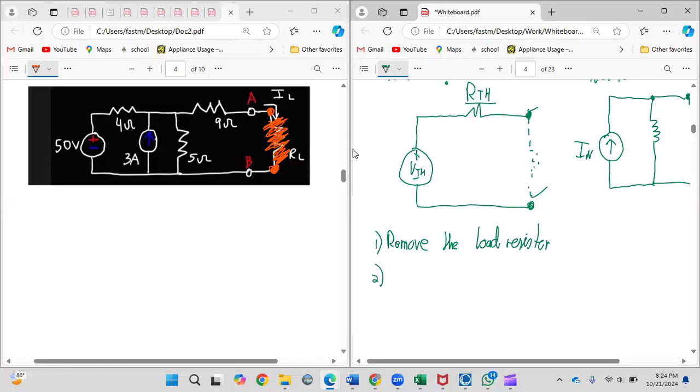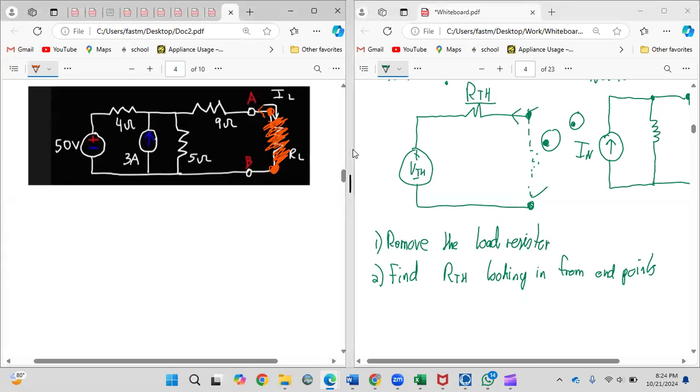The second thing you have to do is find the R Thevenin looking in from the endpoints. So you're basically trying to find the resistance looking in from here. You enter the circuit here and you go through the circuit.